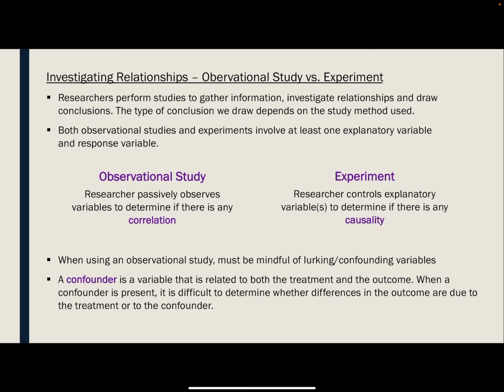With observational studies, we have to be really careful of what are called confounding variables. So these are the variables in the background that we're not specifically looking at that could still be influencing the two variables that we are looking at. So for example, say we want to look at ice cream consumption and number of sunburns at local clinics.